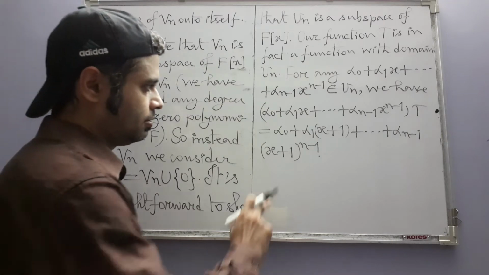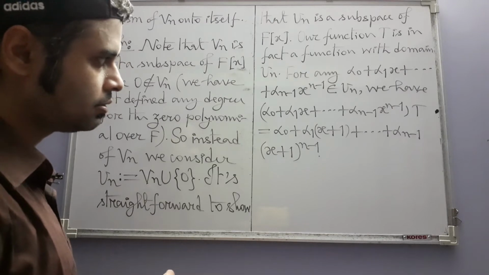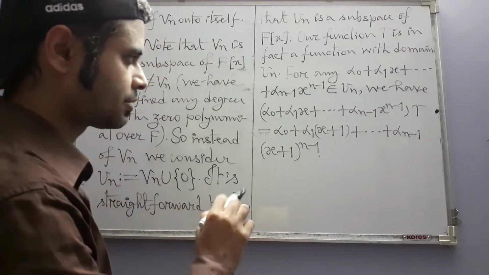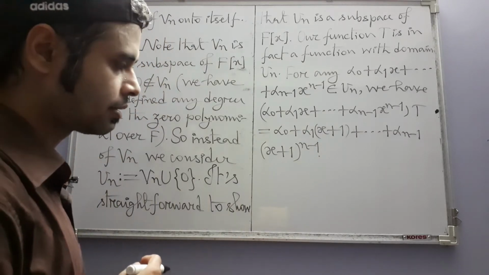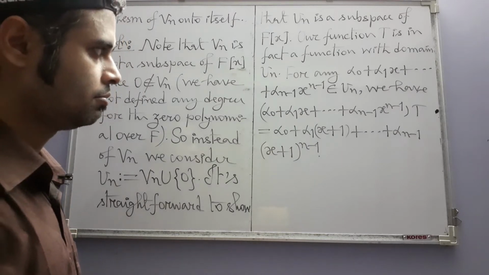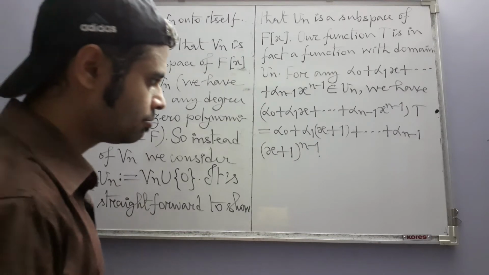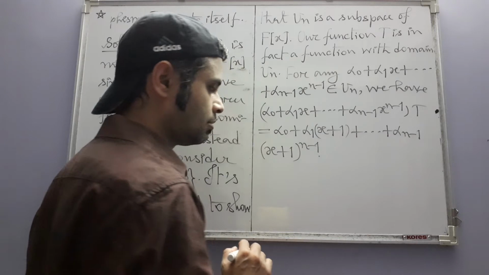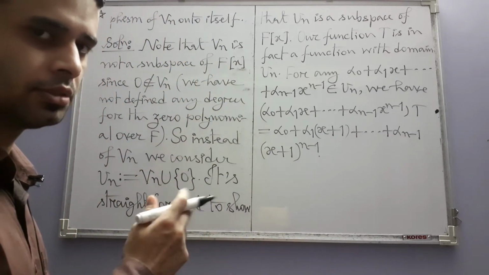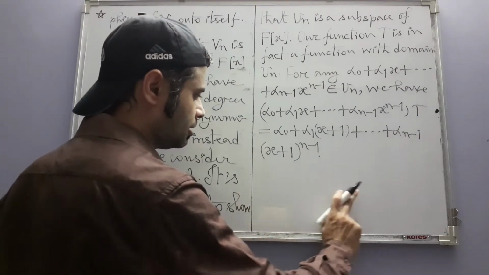Now, looking at this polynomial, you can see that it's actually a polynomial in x. The other higher powers of x plus 1, you can in fact expand all of them using your usual binomial theorem, which is true in this setup also. In fact, the binomial theorem is true in any commutative ring. A version of the binomial theorem that we usually have in the system of real numbers or complex numbers is true in any commutative ring.